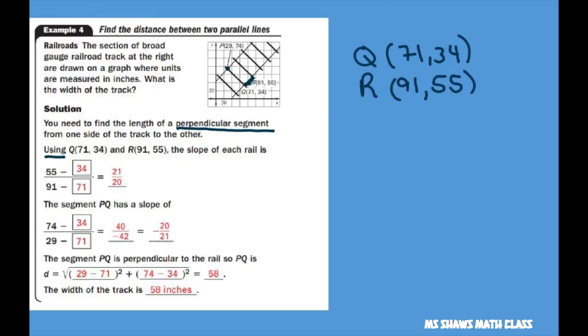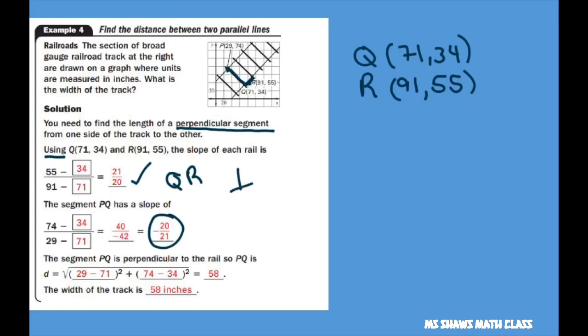91, 55, and to find the slope. So to find the slope of QR, you get this, and you find the slope of PQ, this one, and you get negative 20 over 21.